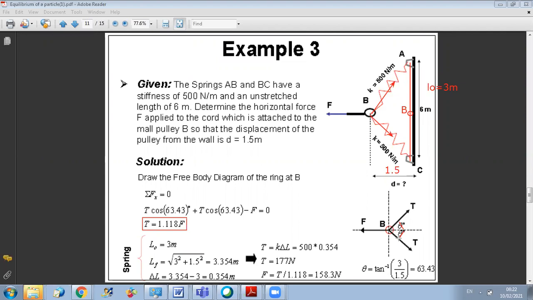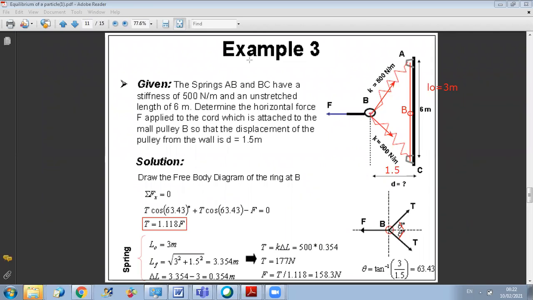Doctor, sorry, but when we have a pulley, aren't the two tensions equal? No, look, it's a little bit different. It's not the concept of a pulley with a cable around it. Here, all the cable and the springs are attached at its center.